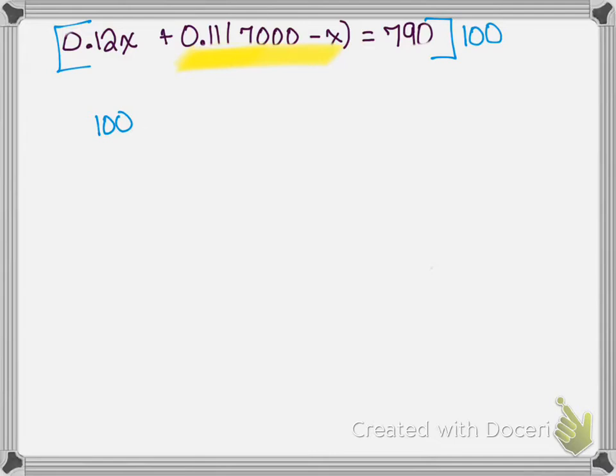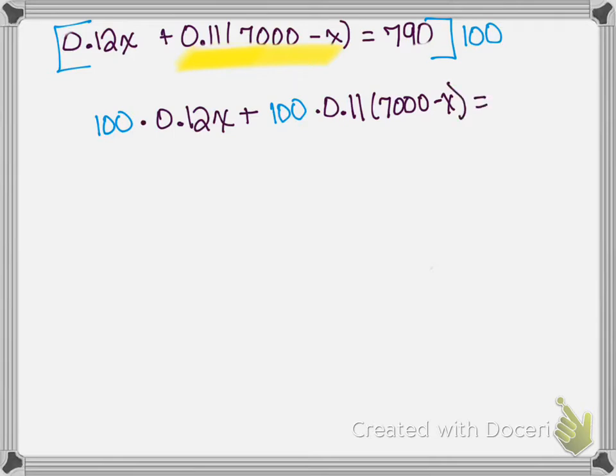Okay? So, in this situation, I am multiplying 100 times everything here. But here, because of how this is written, I just multiply the 1/100ths times.